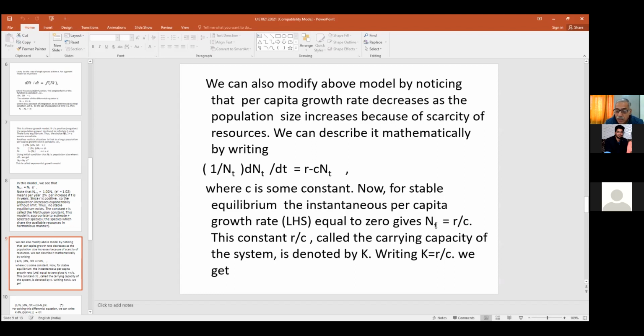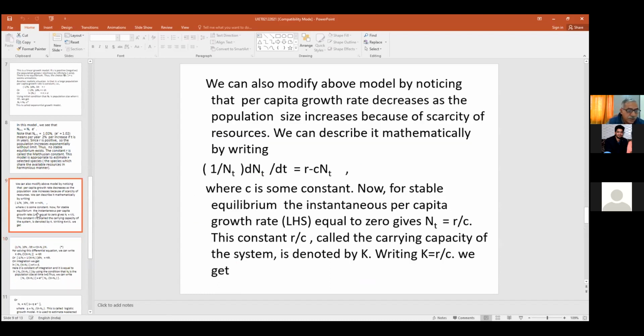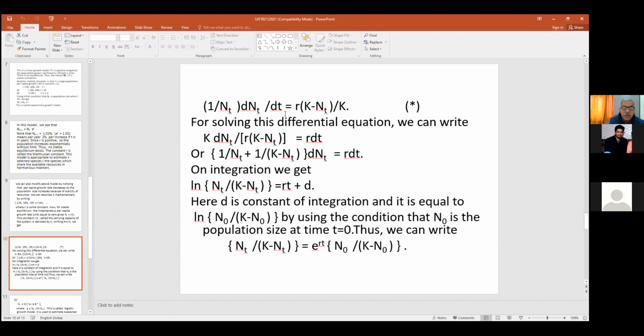So K is equal to R over C, and from this we can find C. C was the unknown constant, so I solve for C and put this value in the model. So the model is now a function of the constant K and N(t). And this R is the per capita growth rate which I considered in the model earlier.